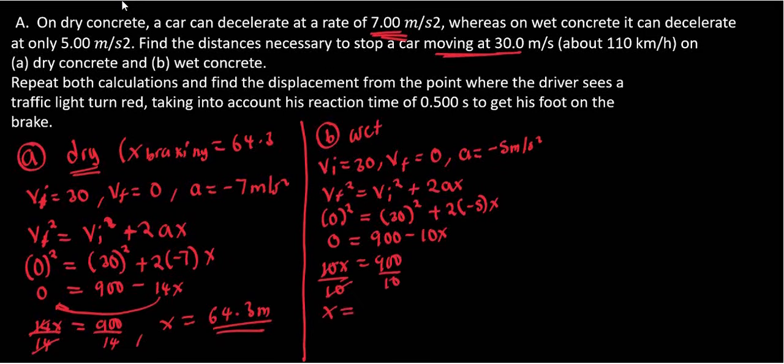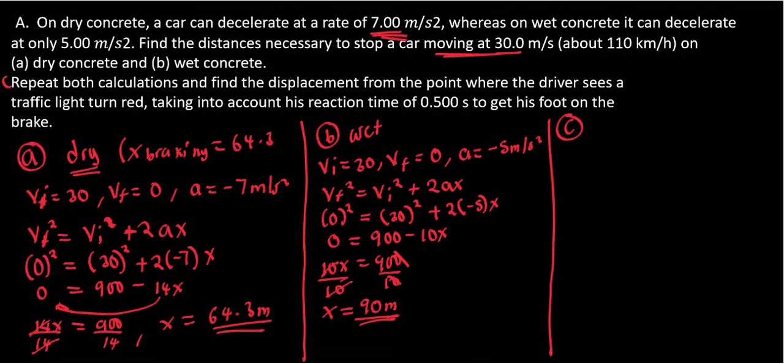So your x is 90 meters. So 90 meters was the distance that was necessary to stop a moving car.